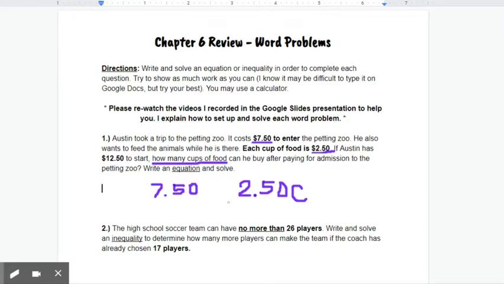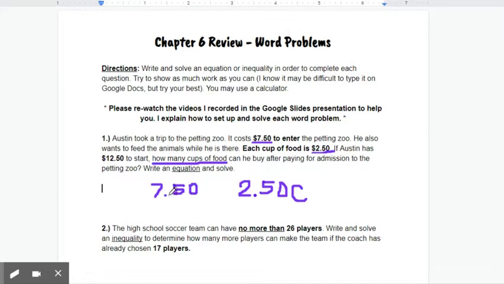You can use X, you can use Y, whatever you want. But you do need a variable that represents how many cups of food. Now notice that I put the variable right next to the price of each cup of food. So this is showing the number of cups of food times the price, which is $2.50.